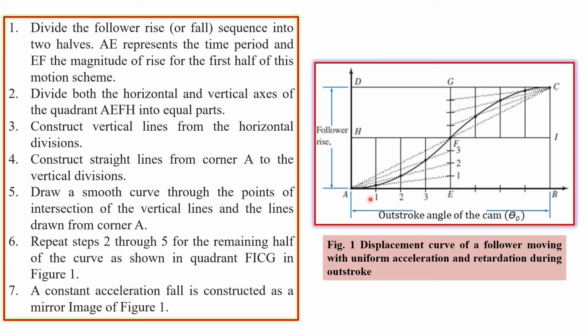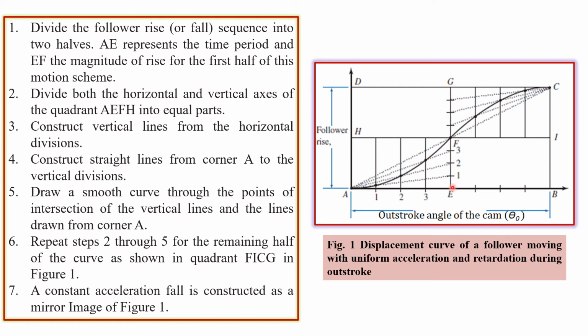Then we are going to divide this rectangular box, which is made up of the cam rotation angle taken along the x-axis and the lift imparted to the follower taken along the y-axis. We will look at the central ordinate. This is the first ordinate, this is second, this is third and this one is the fourth ordinate, so this is going to be my central ordinate.